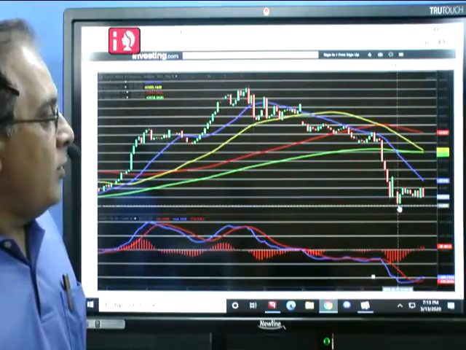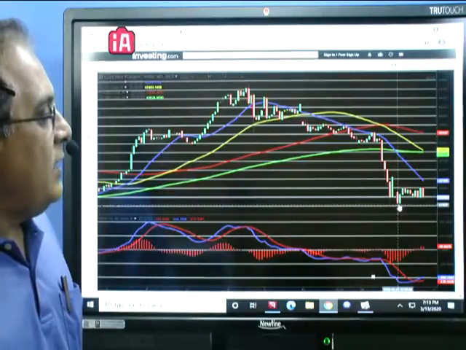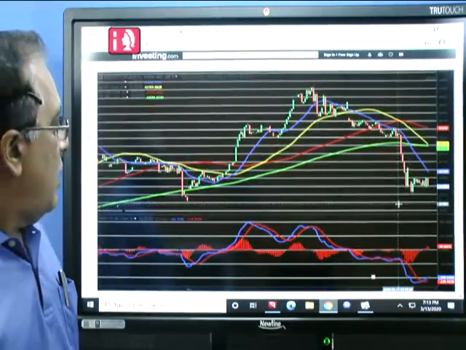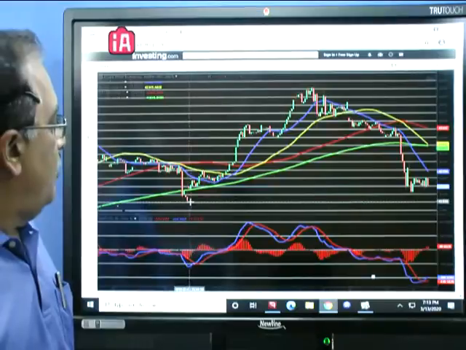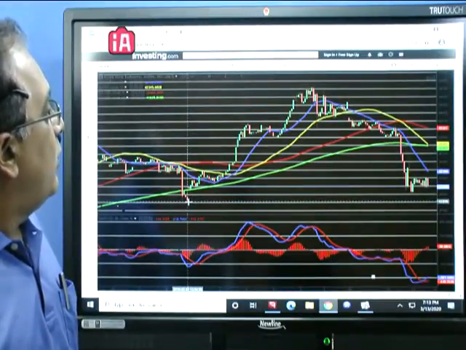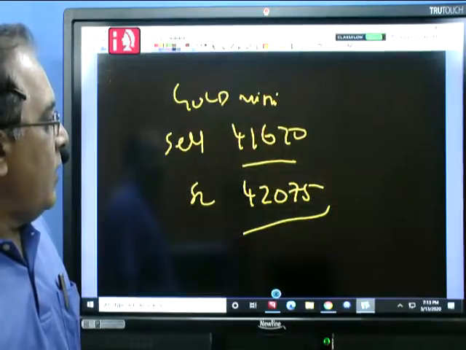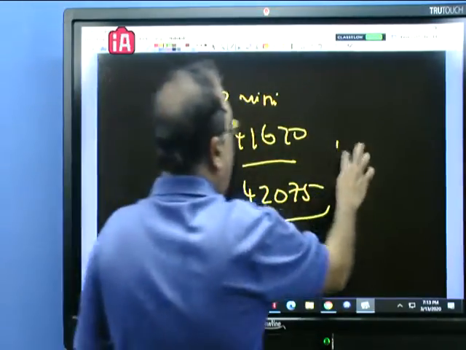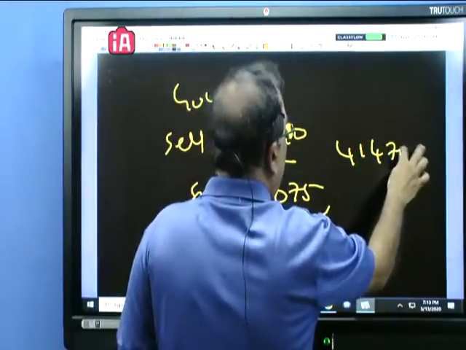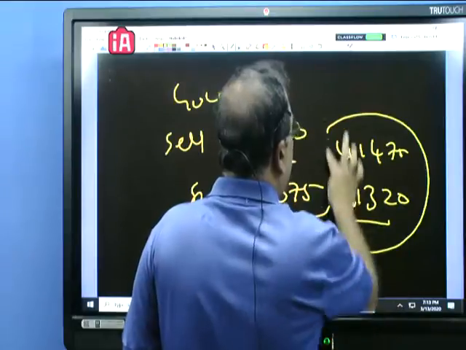So if you go short below this low, keep 41,475, 480 as a possible profit target today. Otherwise, it may come down even up to this level, which is around 41,313. So we can keep 41,475 to 41,320 levels as a possible profit target.